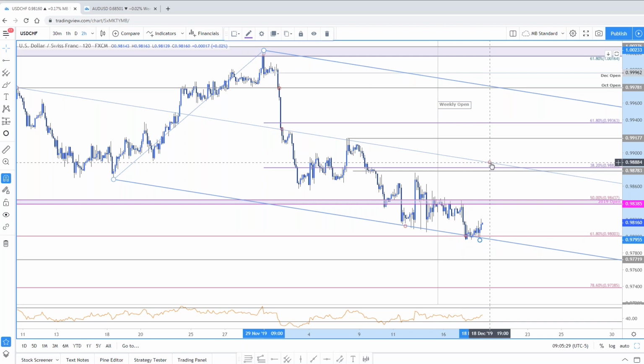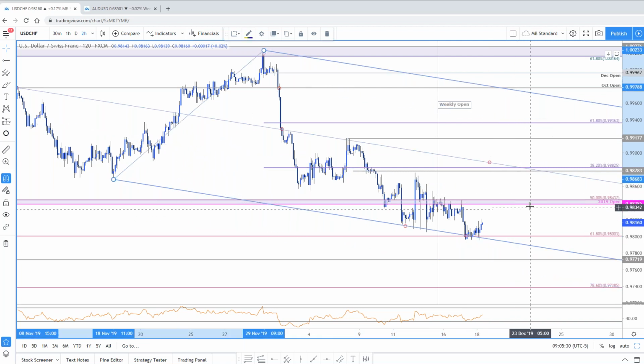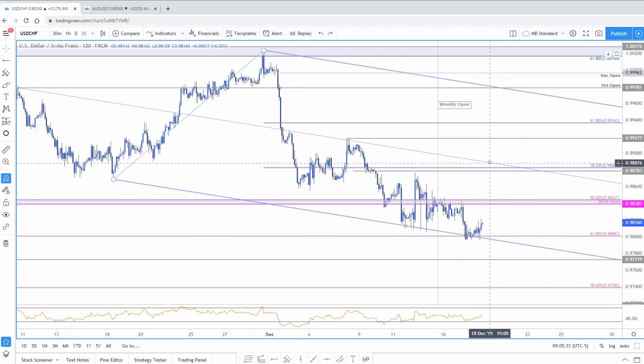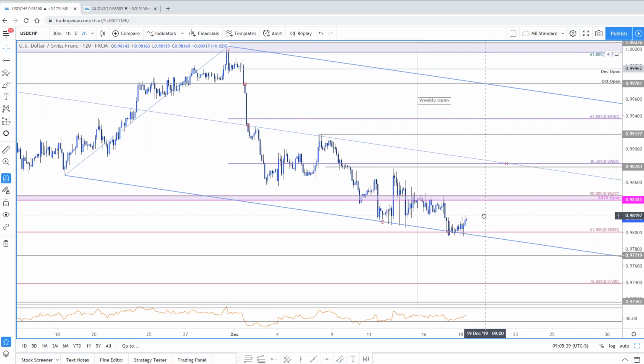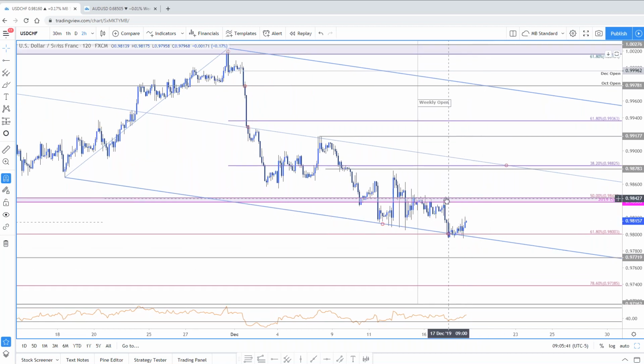Brings that 38.2 down to 98.82. So remember, this is not only the yearly objective open and the 50% retracement, but it's now also the objective weekly opening range highs. If we get through this, I think you get a larger recovery.